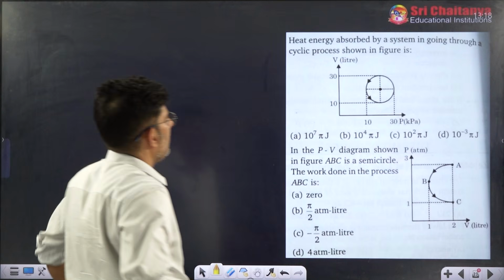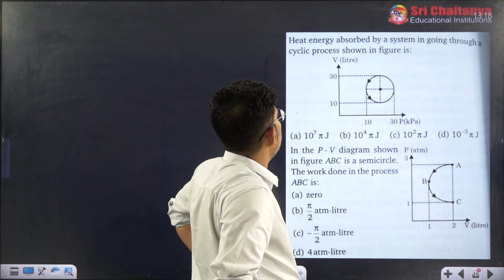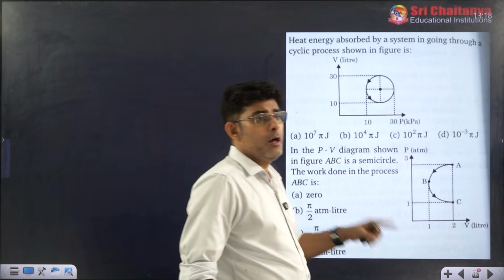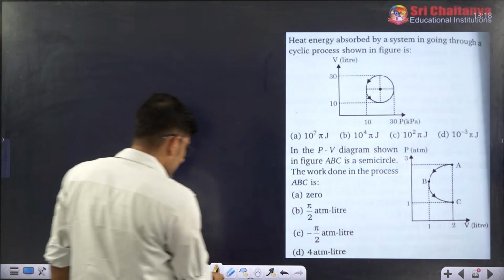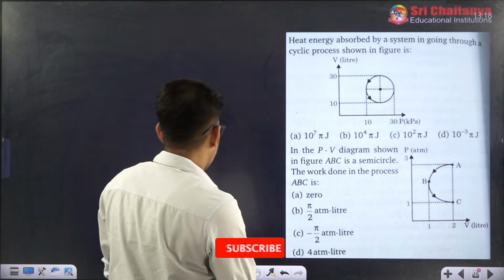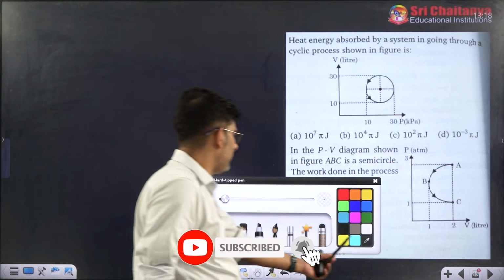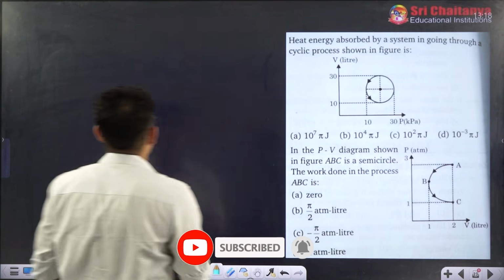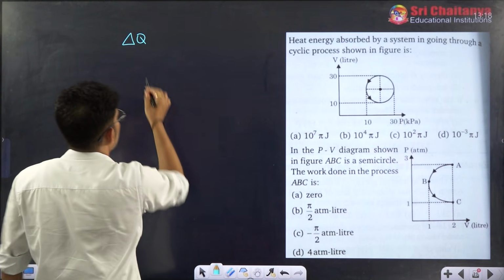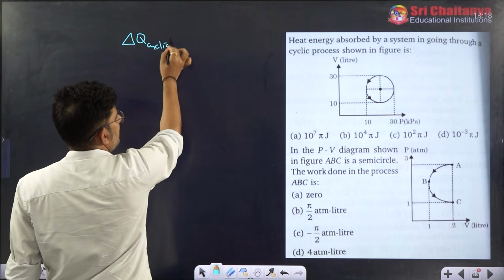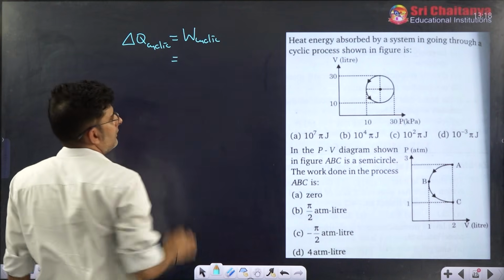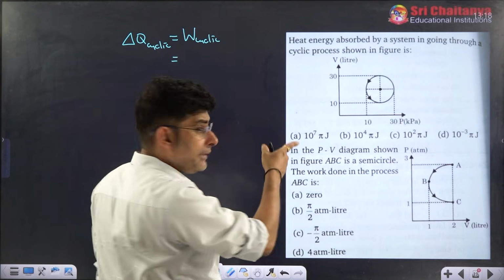Next, the heat energy absorbed by a system in going through a cyclic process shown in the figure, and then next we have a semicircle. Okay, mind it. Whenever they are asking heat energy absorbed in a cyclic process, heat energy absorbed will be equal to work done. So delta Q cyclic is equal to work done in the cyclic process, and you can see that they have given a VP graph, mind it.